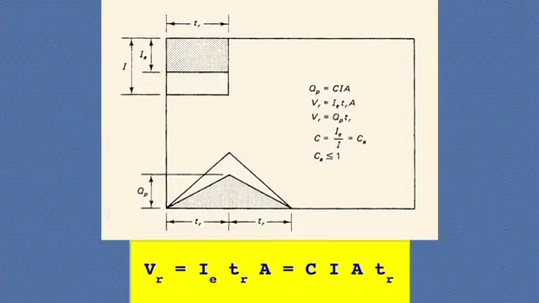The runoff coefficient is the ratio of effective rainfall to total rainfall. A mass balance of effective rainfall and runoff leads to an expression for runoff volume V sub R, from which the abstraction-only runoff coefficient is obtained.